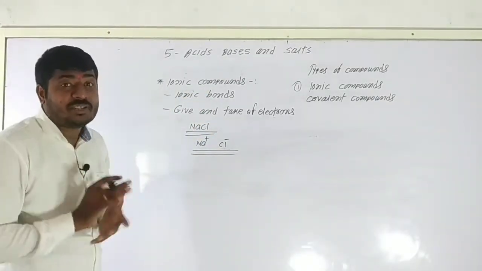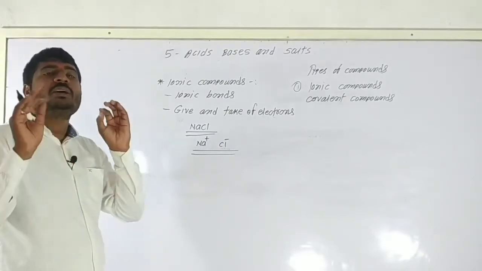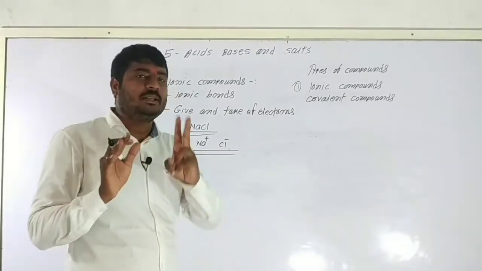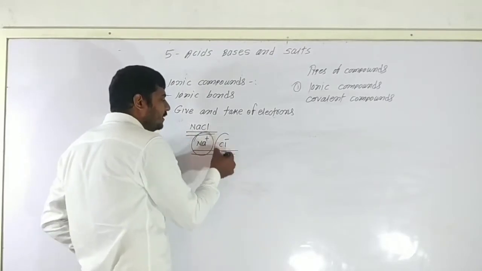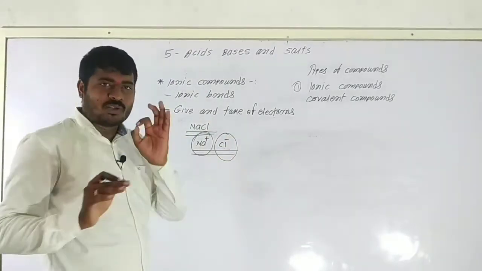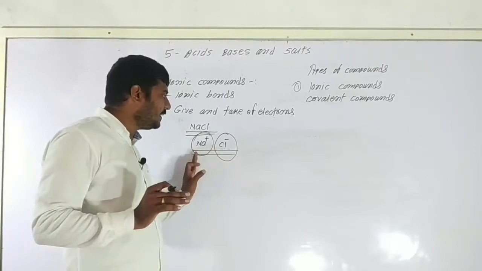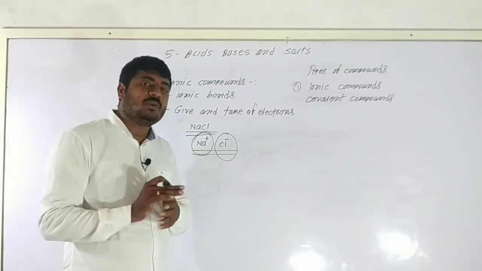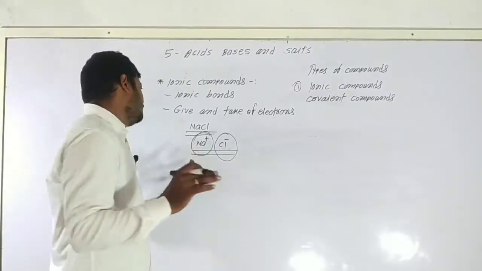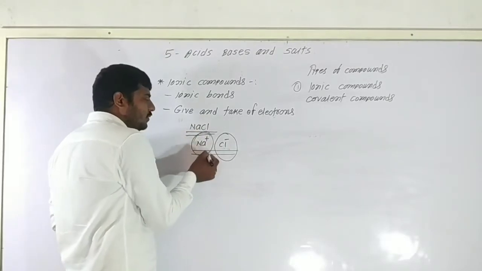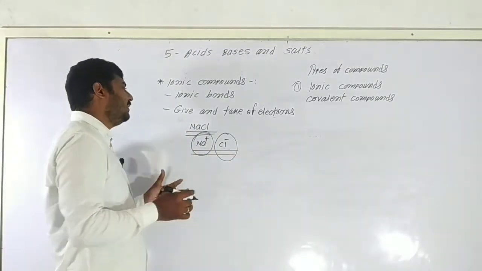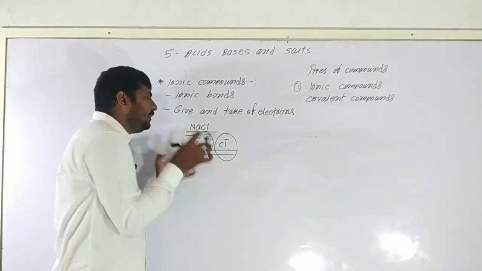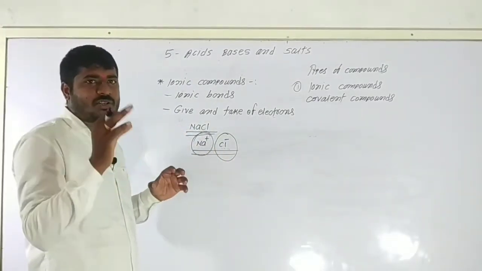What are the characteristics of ionic compounds? Each and every ionic compound contains two types of ions, one cation and another anion. A positively charged ion is called a cation and a negatively charged ion is called an anion. They are attracted towards each other by a strong force.